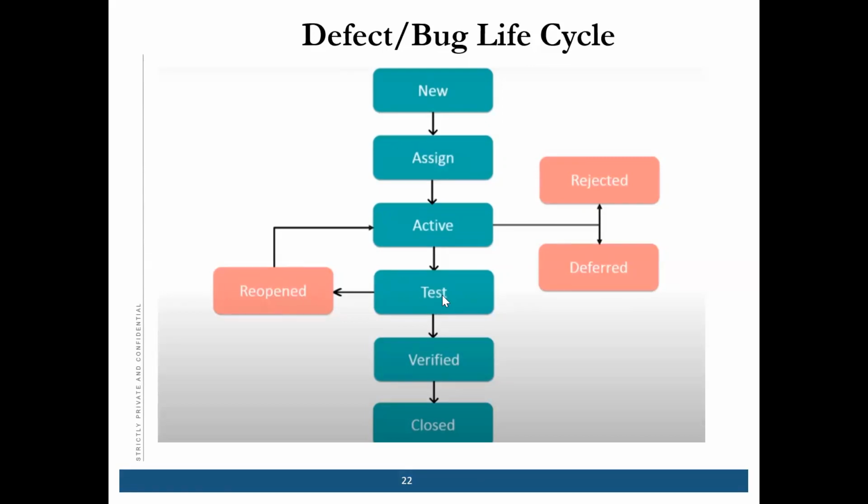If it is resolved, then it will be verified or closed. Verified means it is retested and then closed. If it is not resolved and can be reproduced, then we reopen it and assign it back to the developer.